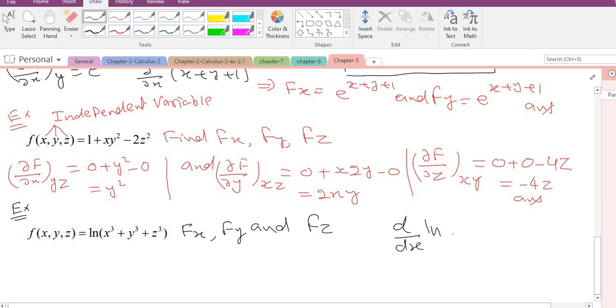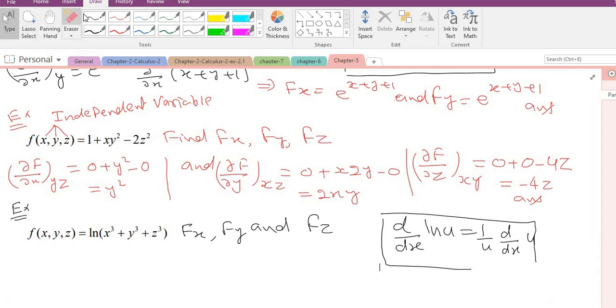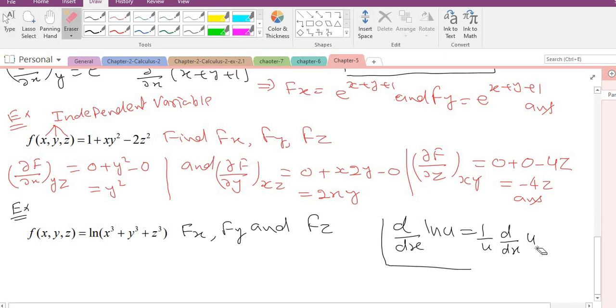D dx of ln of u is 1 divided by u into d dx of u. So if you know the value of u, then you can write the derivative of this one by using the chain rule. D dx of u.